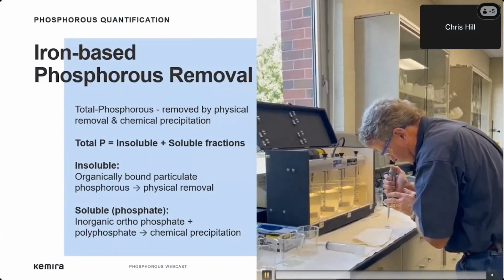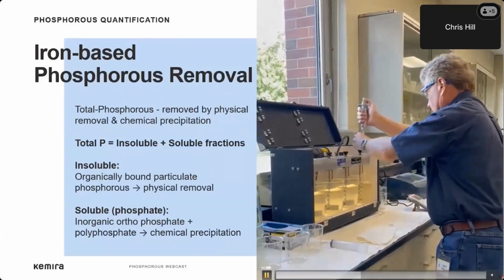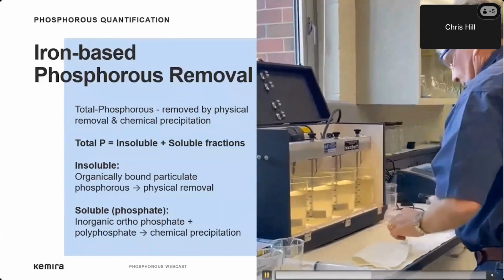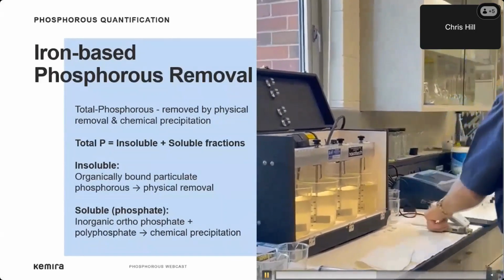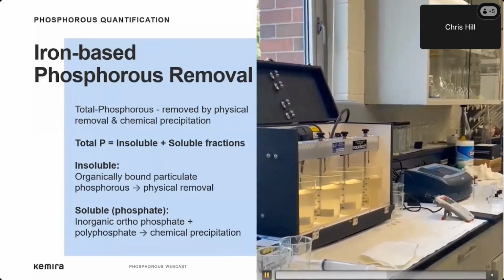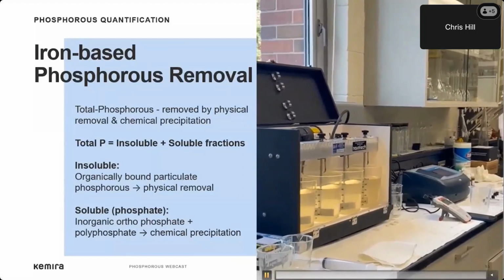Chemical P removal is based on two different mechanisms, chemical precipitation and physical removal, known as sweep coagulation. Chemical precipitation of phosphorus converts dissolved or inorganic phosphorus compounds, mainly phosphates, to a low solubility iron phosphate complex.